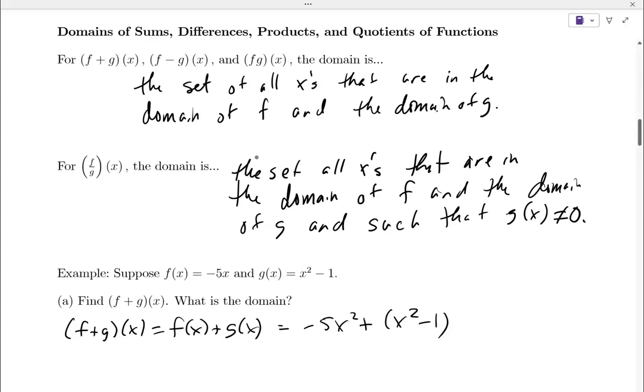Literally just add the two together, right? Negative 5x is the function f of x. x squared minus 1 is the function g. And then typically we would write this a little prettier by putting the highest degree term first. It's not necessary, but typically we write it a little bit prettier. So we would write it as x squared minus 5x minus 1.